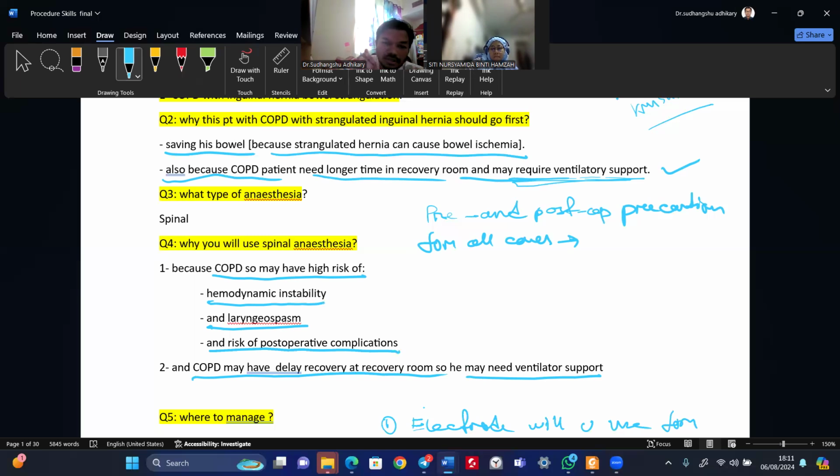So you are not giving general anesthesia, you are giving spinal anesthesia. That's why we will give the patient spinal anesthesia.